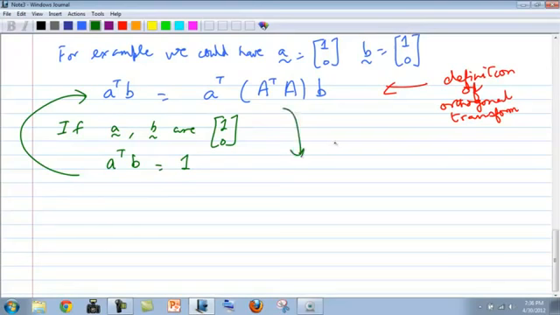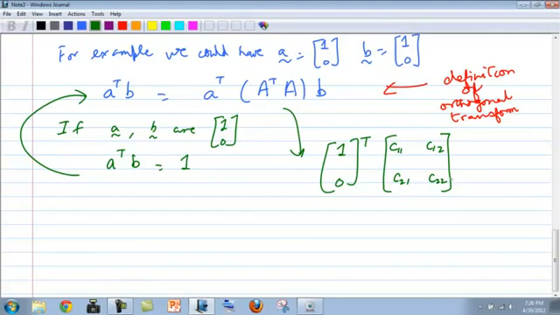On the right hand side I have 1 0 transposed. Then I have this matrix A transposed A, and let's just call this matrix C11, C12, C21, C22. And what I have done is I have defined C to be the matrix A transposed A, and here I have 1 0.